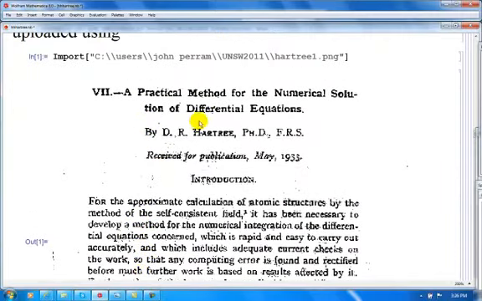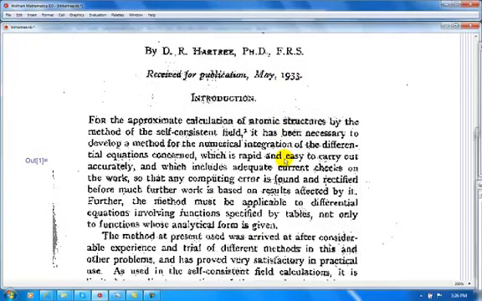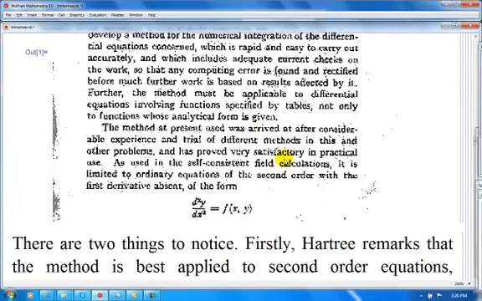So what do we see about Hartree? Well, it's by Douglas Rayner Hartree, PhD, Fellow of the Royal Society, from this article submitted in 1933. So this is the article that Hodgkin and Huxley claim was what they used to solve their equations numerically.